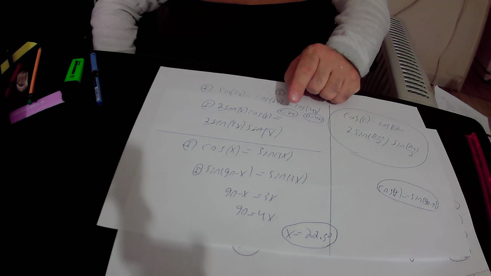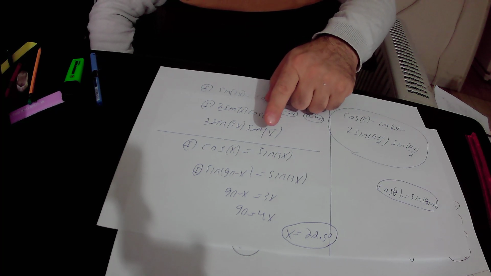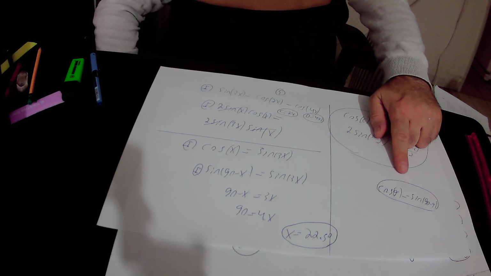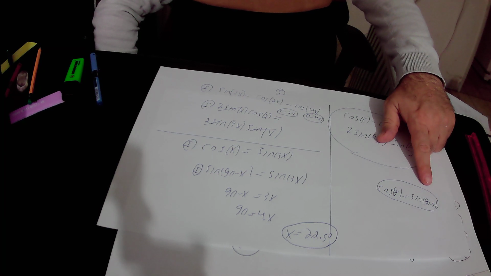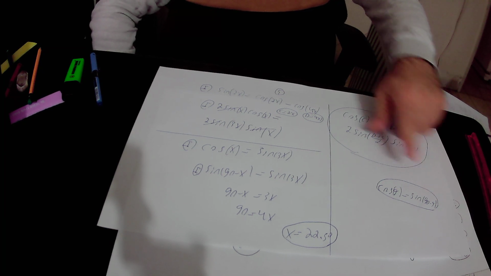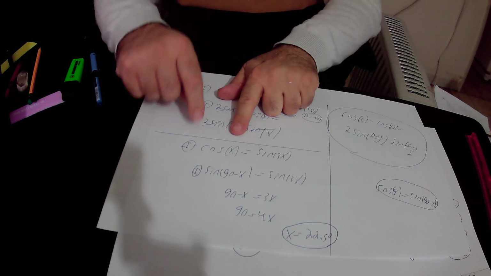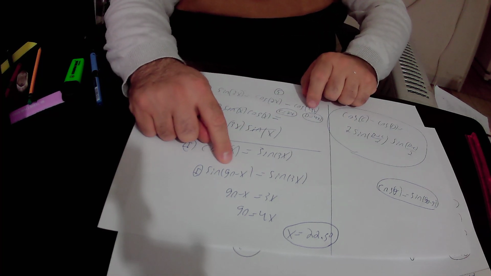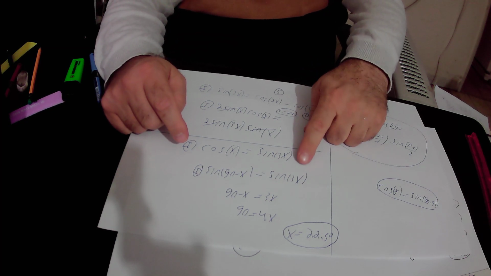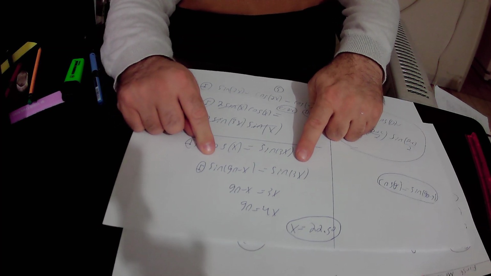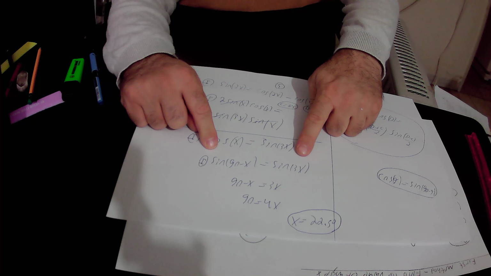and we have the trigonometric identity that cosine alpha equals sine of 90 degrees minus alpha. Therefore cosine x, according to this trigonometric identity, equals sine of 90 degrees minus x, and it equals sine 3x. So from this equality we can derive that 90 minus x equals 3x.